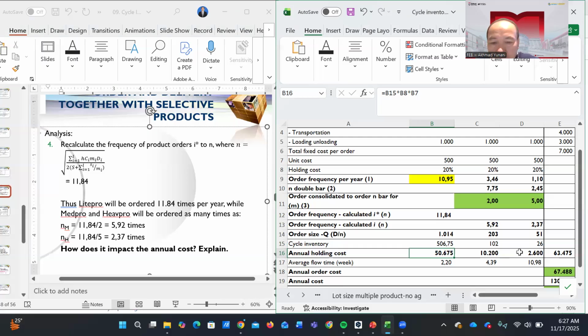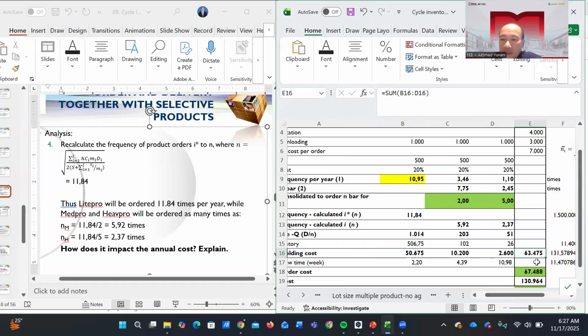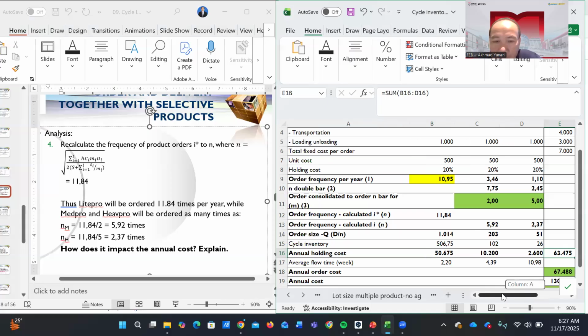The total annual holding cost for the three brands is 63,475 rupiahs. The average flow time for each brand will be like this.